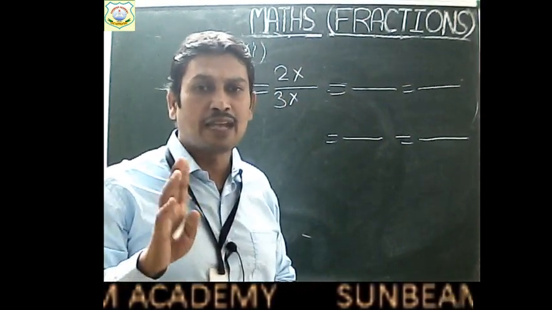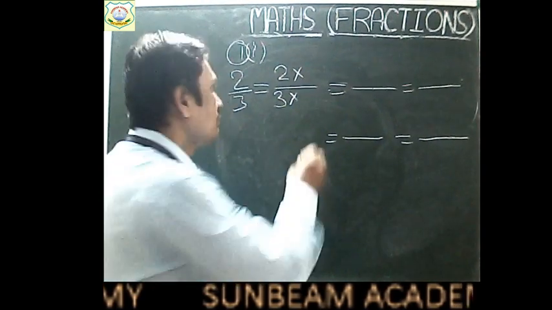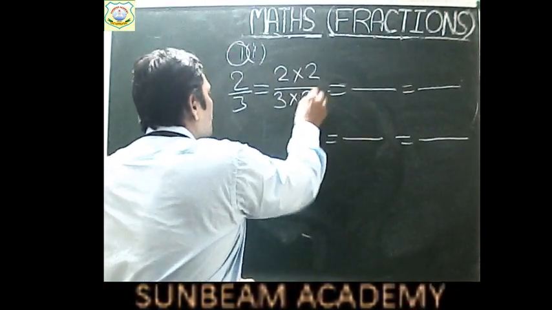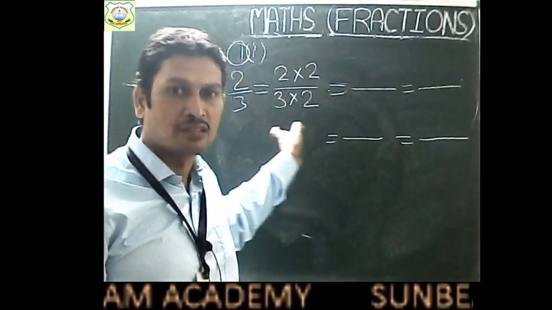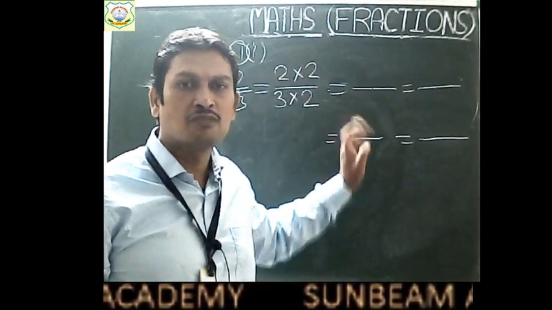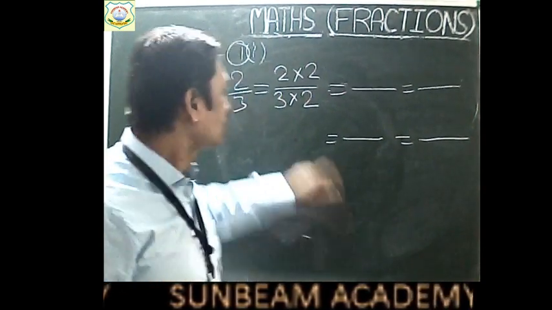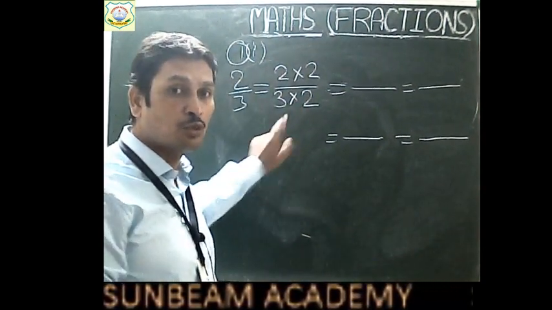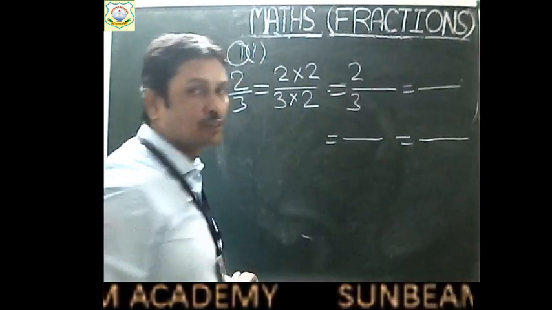So the first number that can be multiplied here is 2, not 1 children. We will multiply both with 2, because if we multiply with 1, we will get the same fraction 2 by 3. Okay children, so after 1 what comes? 2 comes. So we will multiply with 2. Okay, so multiply both numerator and denominator by 2 to find the next fraction equivalent to 2 by 3.